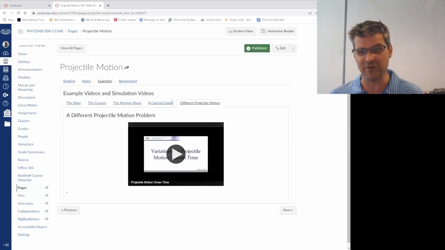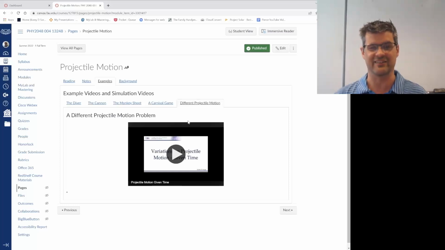This is an important part of this lecture: going through these things and learning how to do the diver problem, the cannon problem, the monkey shoot problem, the carnival game, and a problem when you're given some things that are maybe a little unexpected or unusual. How do you really approach these? But all these projectile motion problems are done in exactly the same way. And so hopefully this is relatively straightforward and you get a lot of good out of it.